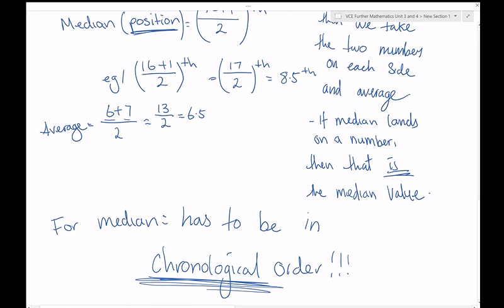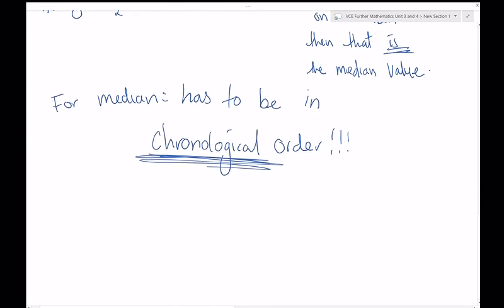On the exam, they'll give you a list of numbers, which will just be completely random. It will be 67, 74, 83, 62, 95, 73, and they'll be like, find the median.